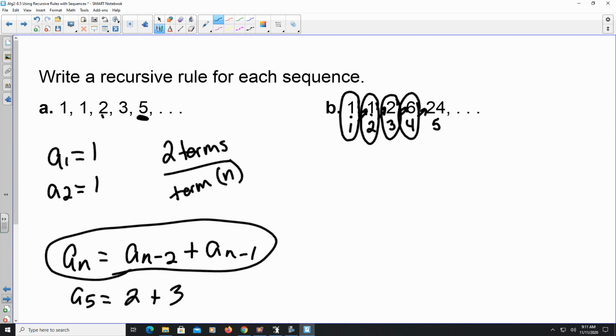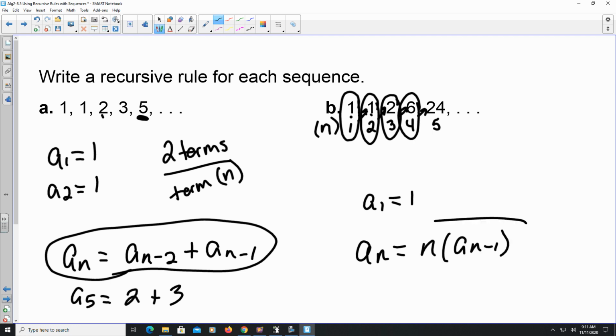Those are all our values of n. So we only need to write in one term, a sub 1 is 1. And our rule for this particular sequence is going to be n multiplied by a sub n minus 1.